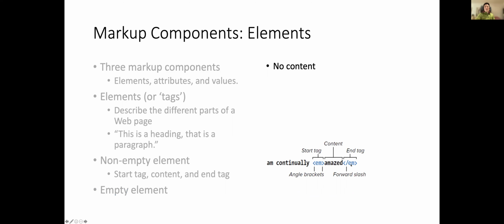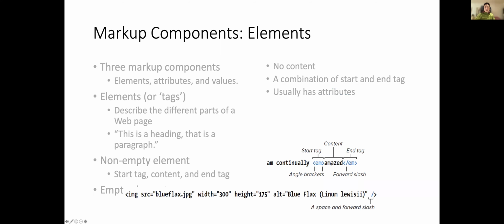You can also have a tag with nothing in between, just a tag itself. Or you can have a tag like this, which is an image, and it does not have a closing tag. Instead, it just has a slash and angle bracket at the end. So instead of having EM something and then slash EM to end it, it would have everything in one tag, essentially a starting tag, but ending with a slash.